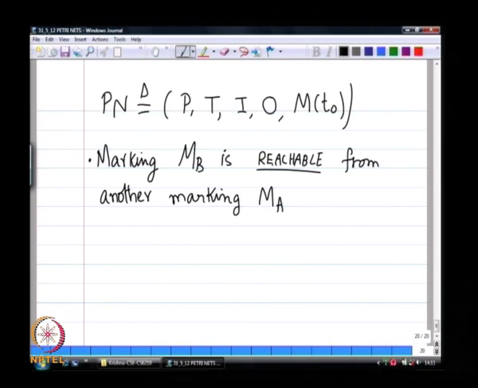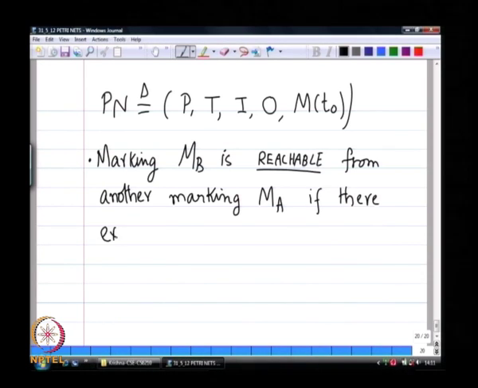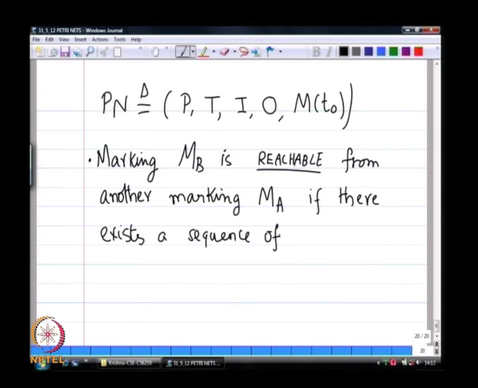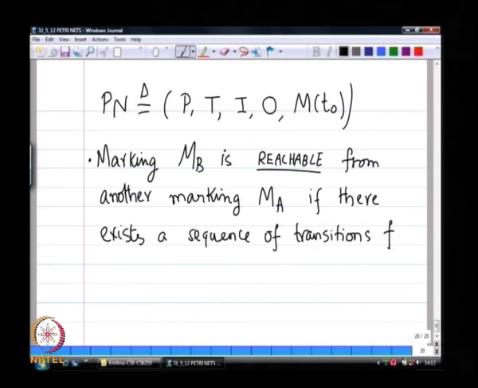MB is reachable from MA if there exists a sequence of transitions from MA to MB, okay.